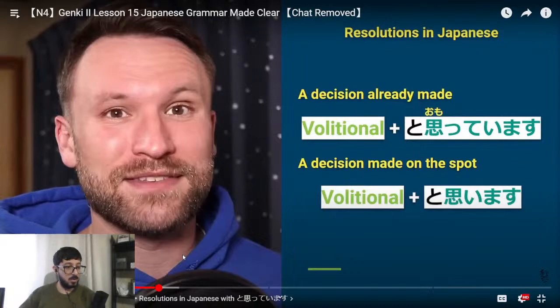Onaka suiteiru in regular conversation makes me confused. Usually we say onaka suita. Sweeta, sweeta. Wait, suita, not aita.